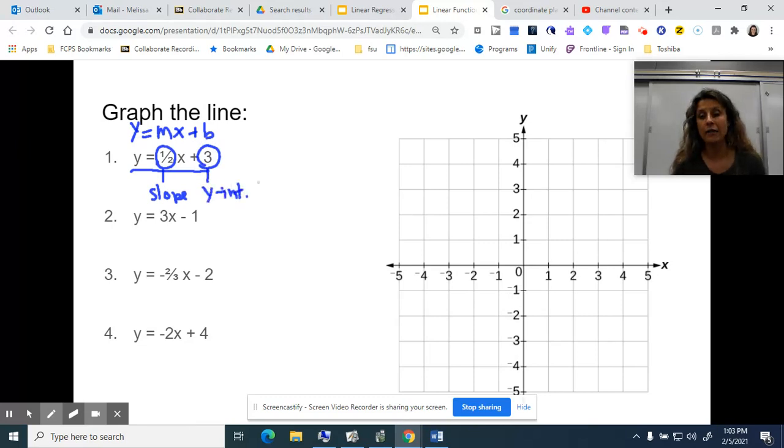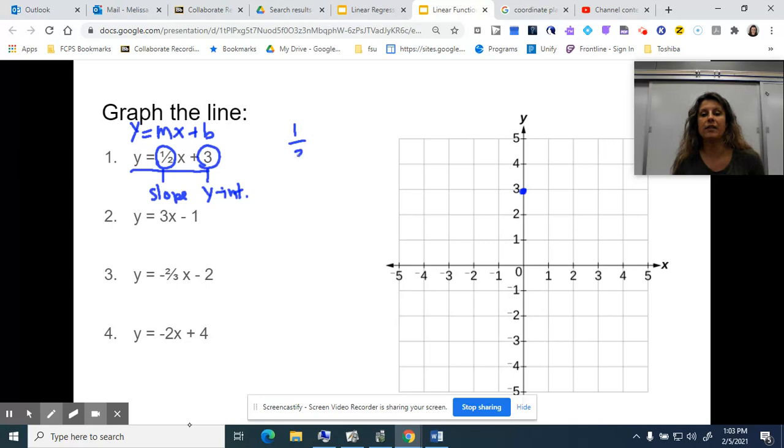Okay, so when you're graphing, you're always going to start at the y-intercept value. The y-intercept means that's where it touches the y-axis. So I'm going to go over to the y-axis, and I see the y-intercept is 3. So I'm going to mark 3 on that y-axis. Okay, then you can use the slope to get to the next point.